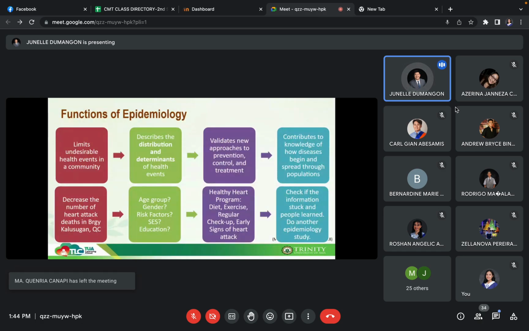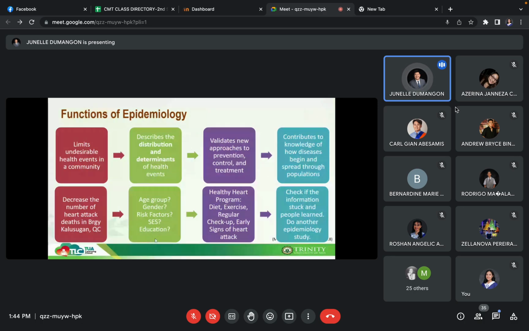Are those people who are dying from heart attacks coming from rich families? Do they come from poor families? And even education. So basically, this is already the application of your epidemiology. Determining who are the most vulnerable, and what are the factors which contribute to these health events.